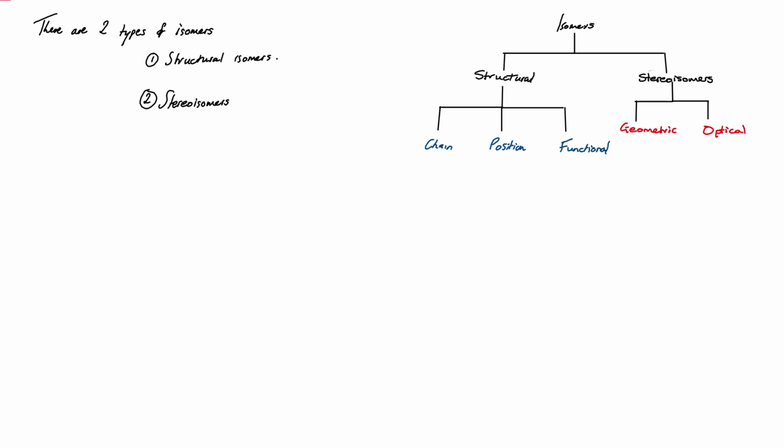Optical isomers tend to be looked at in year 2, and that's when you'll probably look at that in a lot more detail, and we'll look at this in later videos.